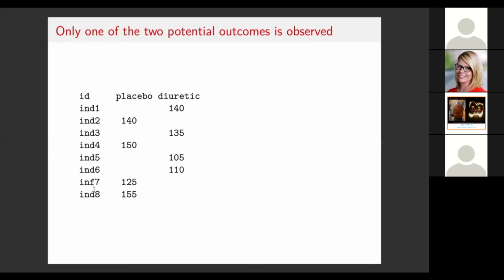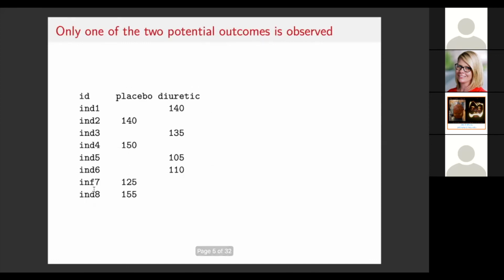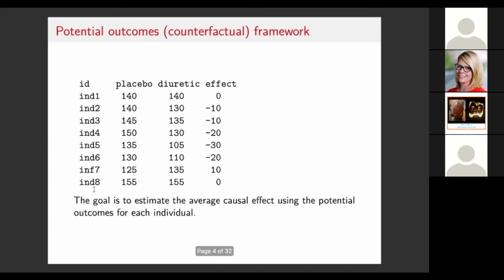So basically, we get to see only half of the potential outcomes that we need to know in order to estimate the causal effect of the diuretic.